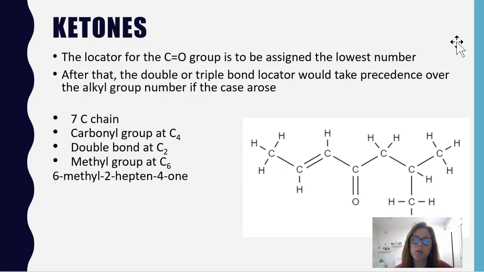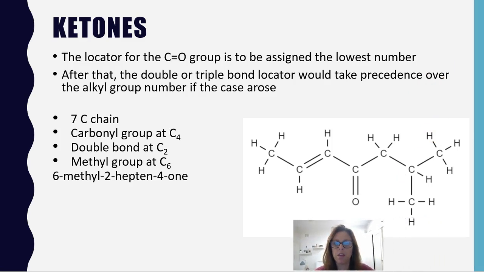The first thing we're going to do is calculate our carbon chain. If we have a look, we have 1, 2, 3, 4, 5, 6, 7, or even if we went the other way, 1, 2, 3, 4, 5, 6, 7. So it's a hept group. I can see that there is a double bond here, so it's a heptene group. The presence of this C double bond O tells you that its suffix is -one, so we're looking at a heptenone.